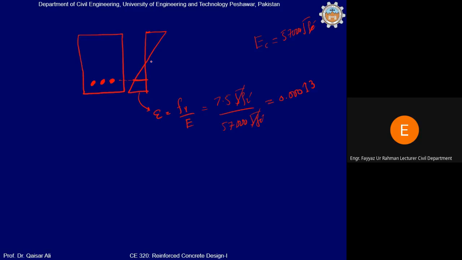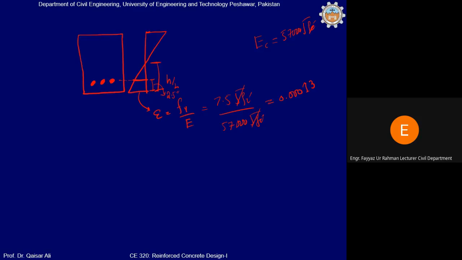Now you know that this distance is equal to h by 2, and this distance, I told you that you can assume is 2.5 inches. Clear? Or you can calculate DC.